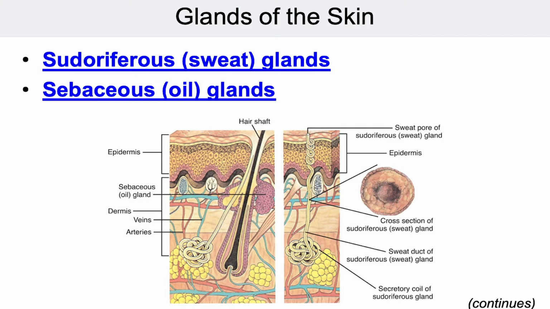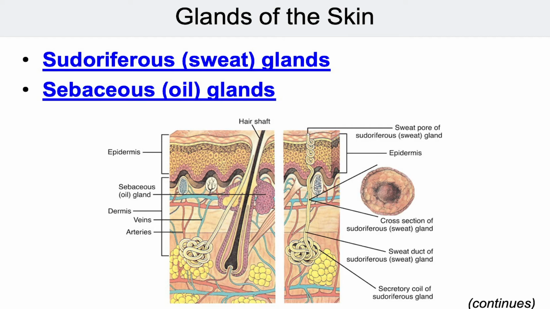Your sudoriferous glands excrete perspiration. They also detoxify the body by excreting any excess salts or unwanted chemicals. They consist of a secretory coil in the coil base of the sudoriferous gland and a tube-like sweat duct at the end of the surface of the skin to form a sweat pore.